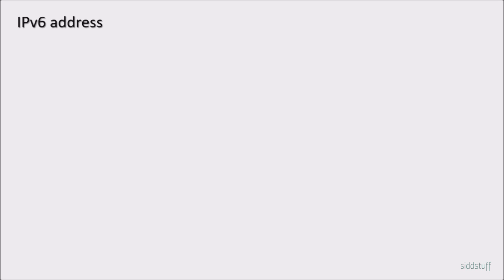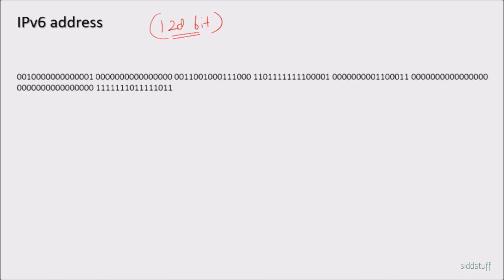Now let's talk about IP version 6. We know that IP version 6 is 128 bits long, and same as IP version 4, it is also represented in bit form. This is your 128-bit long string, this is your IP version 6 address, but it's hard for us to remember if the IP address is in bit form.